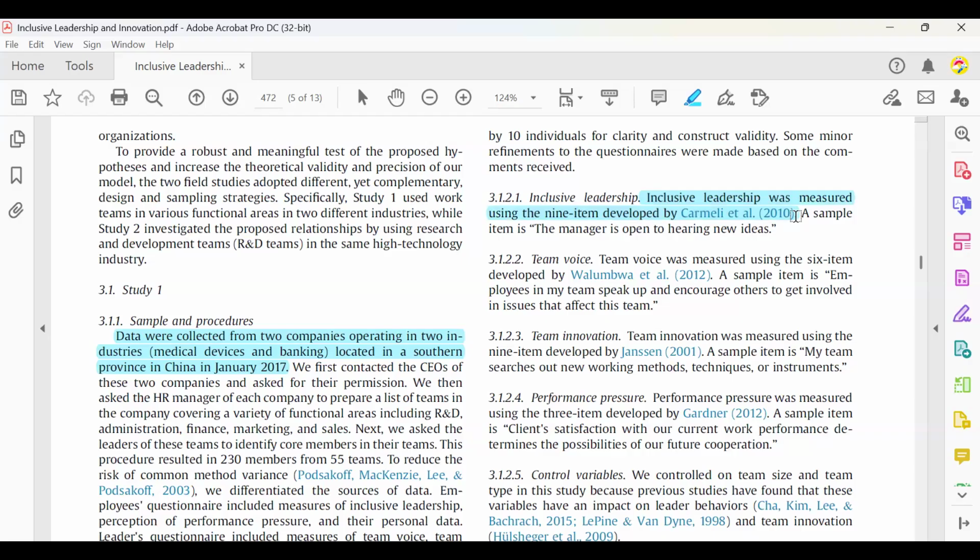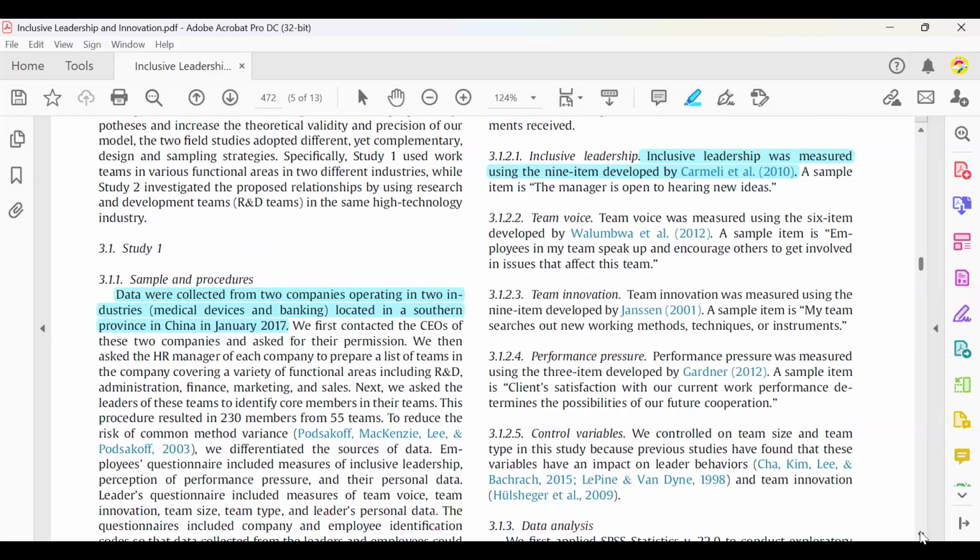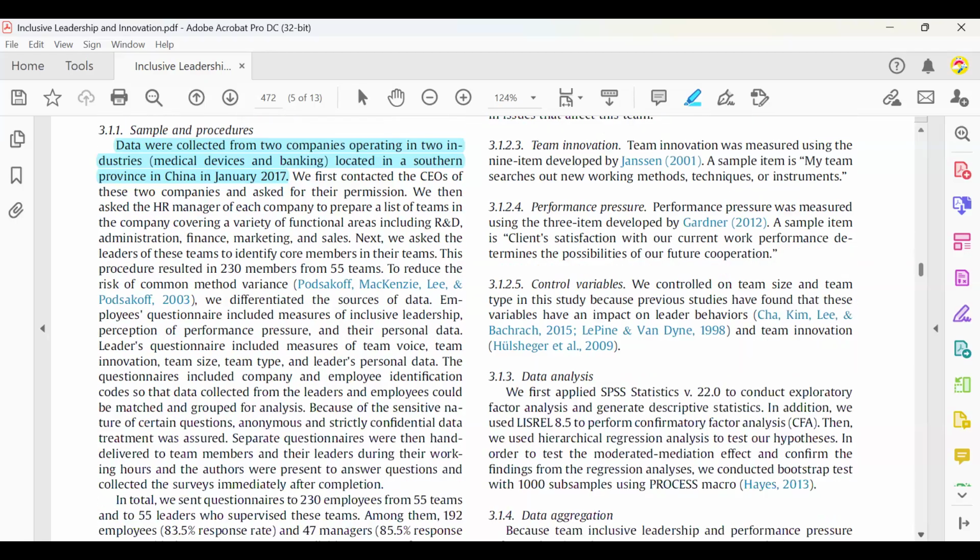So you know that Carmeli and others have developed a scale. It's cited here, so you can look at the study to see the psychometric properties of that scale. But for now, you know that Carmeli and others' 9-item scale was used to measure inclusive leadership. Similarly, the other constructs were measured using other scales.